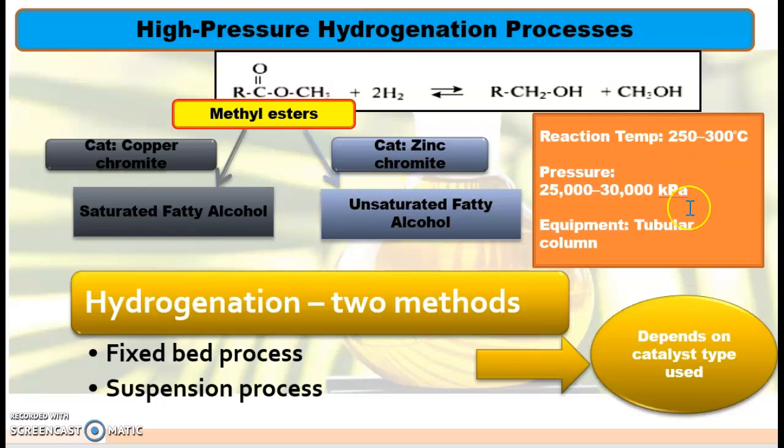This is the reaction temperature and pressure, and the reactor uses a tubular column. Temperature is high, up to 300, pressure 30 bar, 30 kilopascal. Okay, there are two methods of hydrogenation for the fatty ester here. We have the fixed bed process or suspension process, where both of these processes are dependent on the catalyst used.